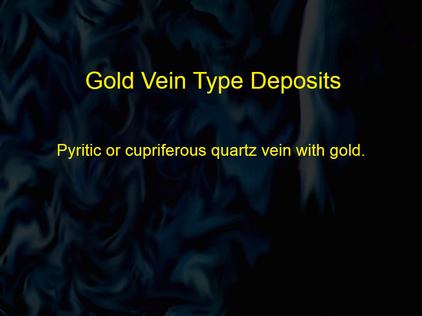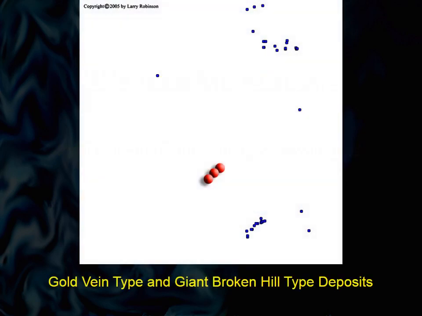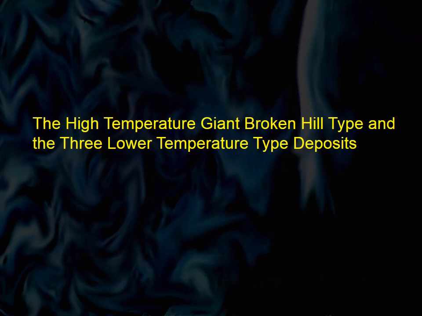Gold vein type, consisting of pyritic or cupriferous quartz veins with gold. Gold vein type and giant Broken Hill deposits. The high temperature giant Broken Hill type and the three lower temperature type deposits are shown in the following slide.